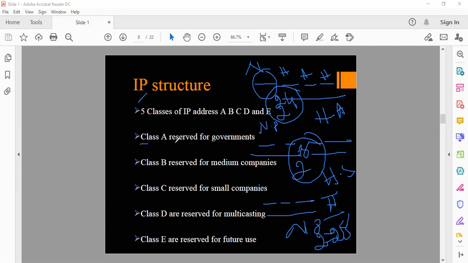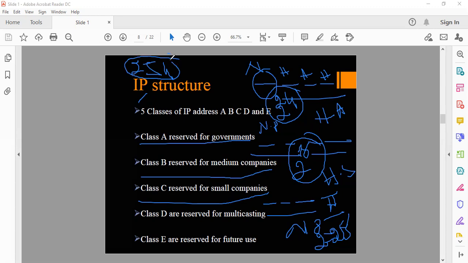As we said, class A is used for huge networks, class B for medium networks, and class C for small companies. Suppose an organization has up to 254 users, or fewer, say 100, 80, 120 or 200 users.